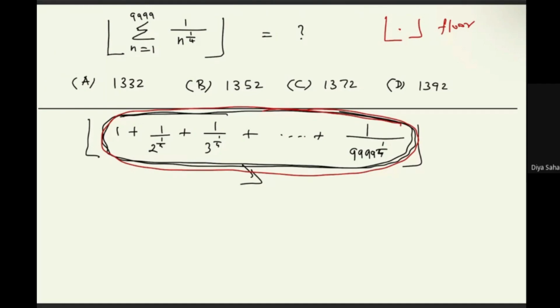I can see some chats also. Yeah, P series, but how do we get it? It is not an infinite series, it is a finite series. Yeah, even if it were infinite, we don't know the value, right? So you can't really do that.